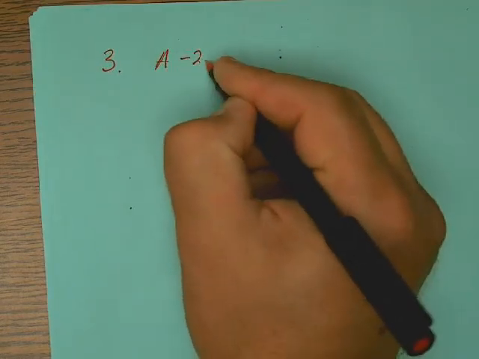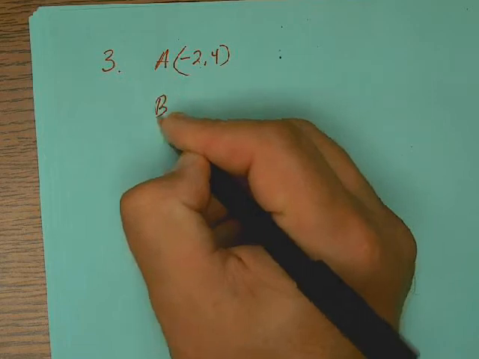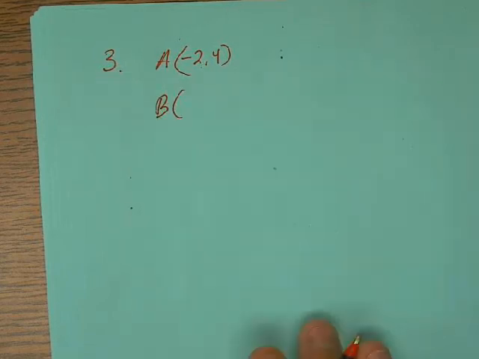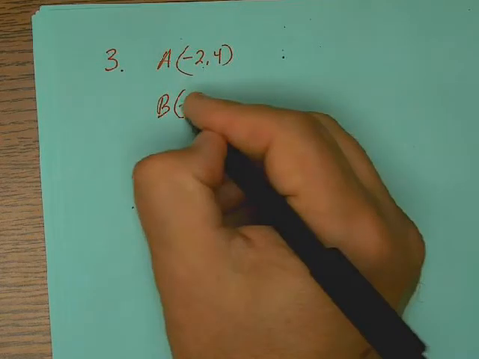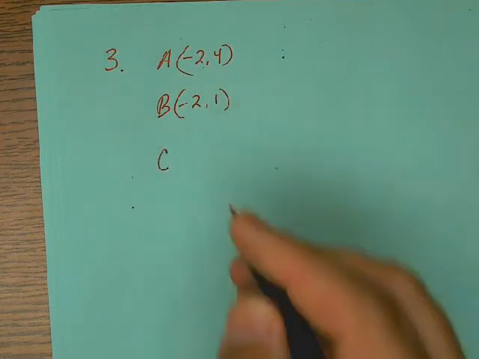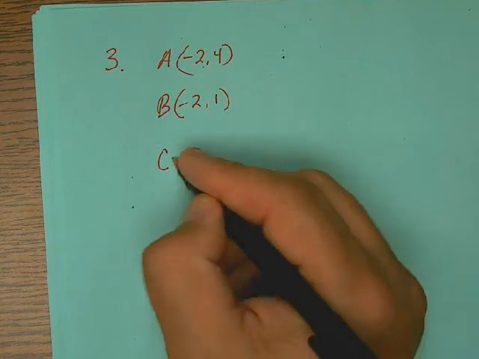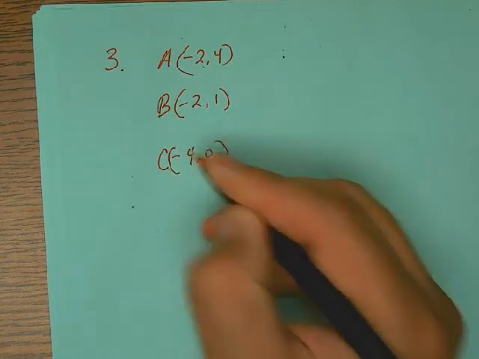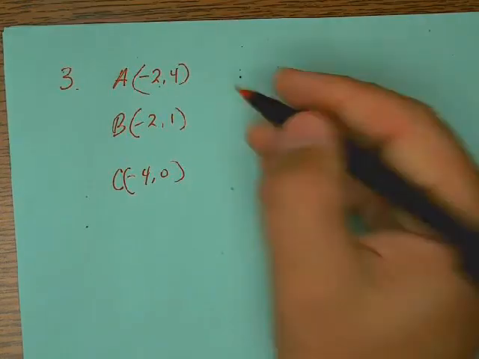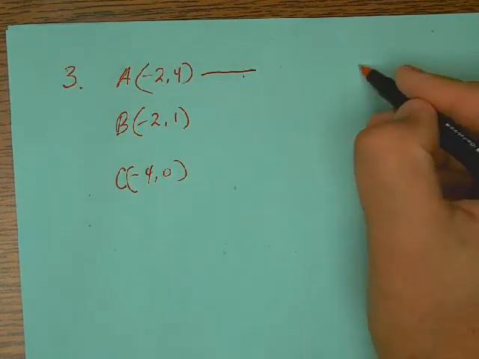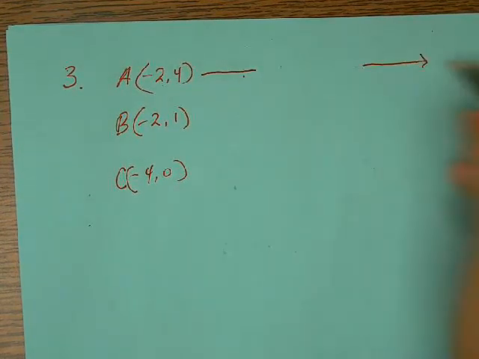All right, number 3, it says, given triangle A with -2, 4, B with -2, 1, and C with -4, 0. Now, what we're going to end up doing, since we're looking for the line, I'm going to give myself a little space here.